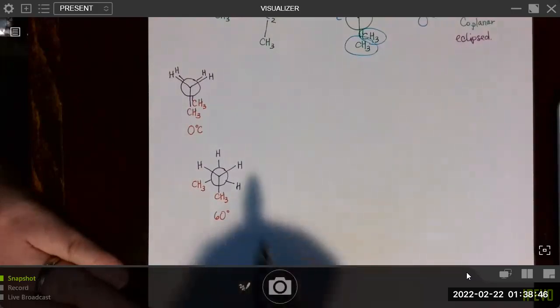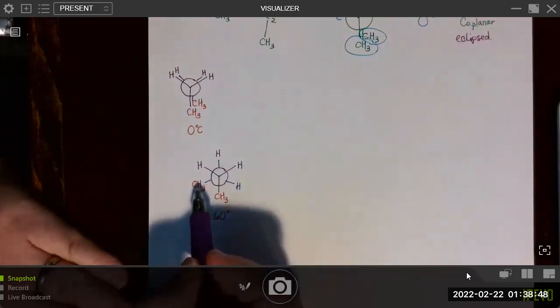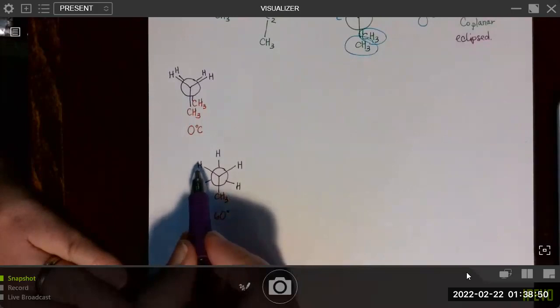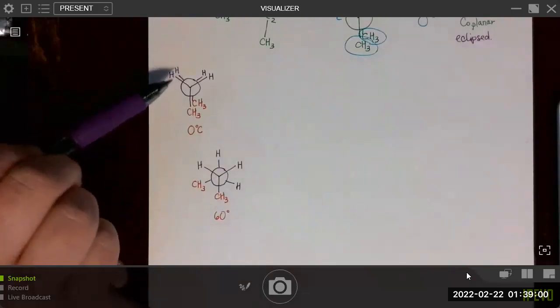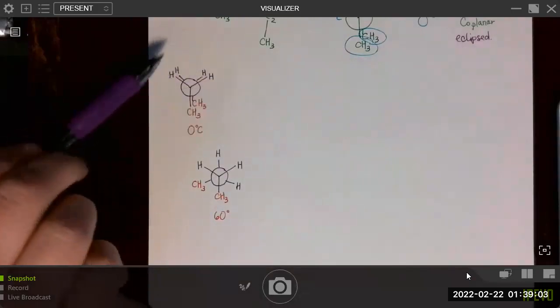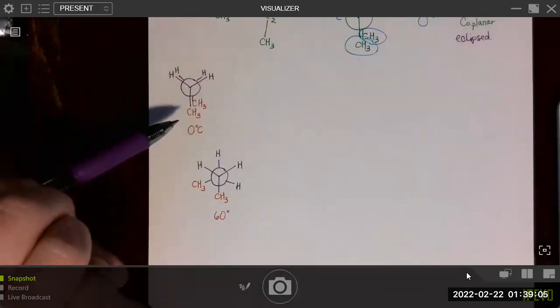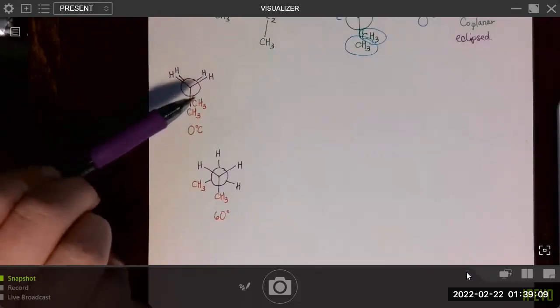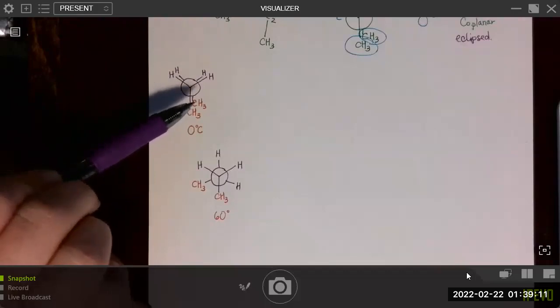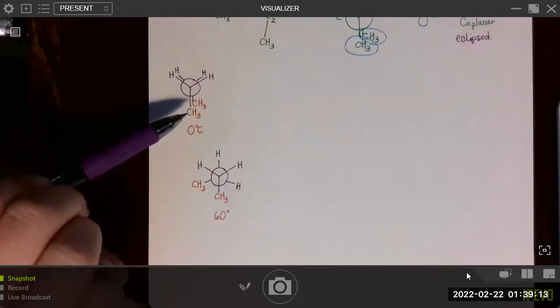And then next, we're going to continue rotating that back carbon, again, 60 degrees. So we'll get to another eclipsed conformation. And we want to think about it energy-wise. Is it going to be higher or lower in energy than our initial eclipsed conformation? In that eclipsed conformation, the 2 methyls were eclipsed. So that's actually the highest energy conformation possible.